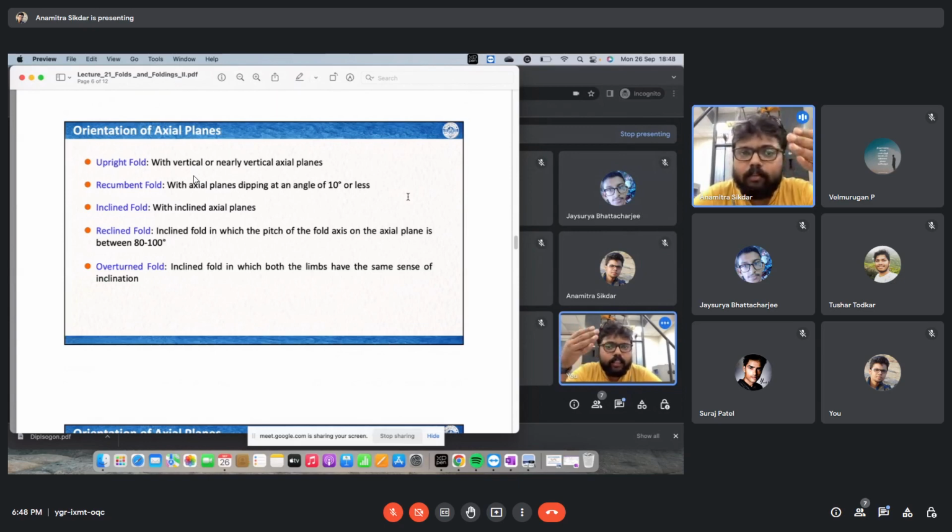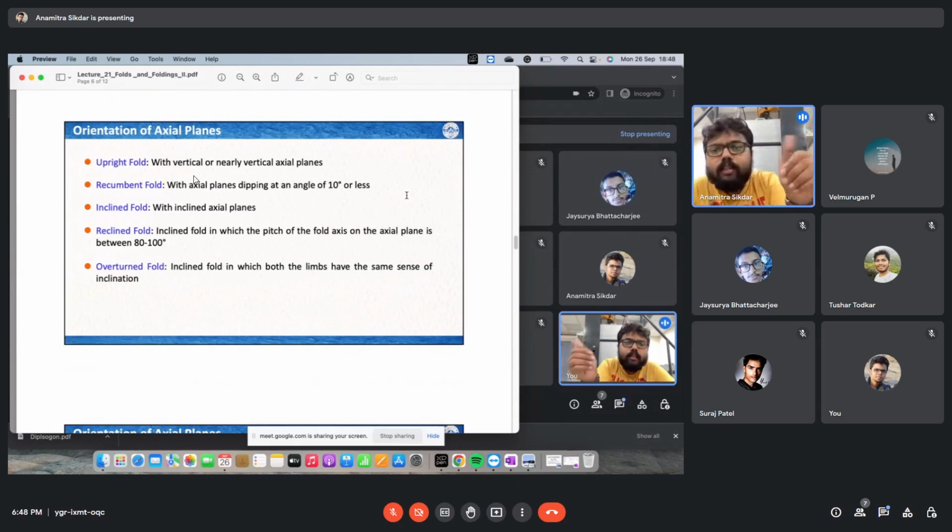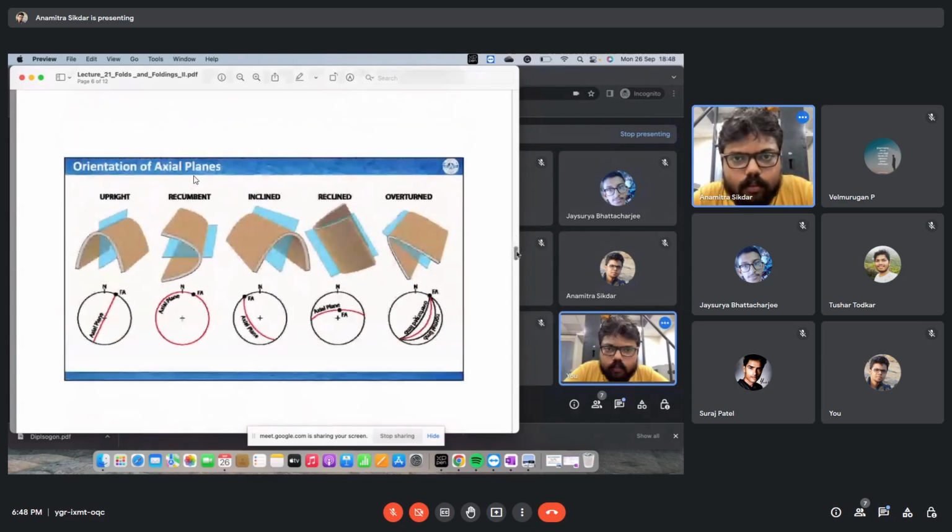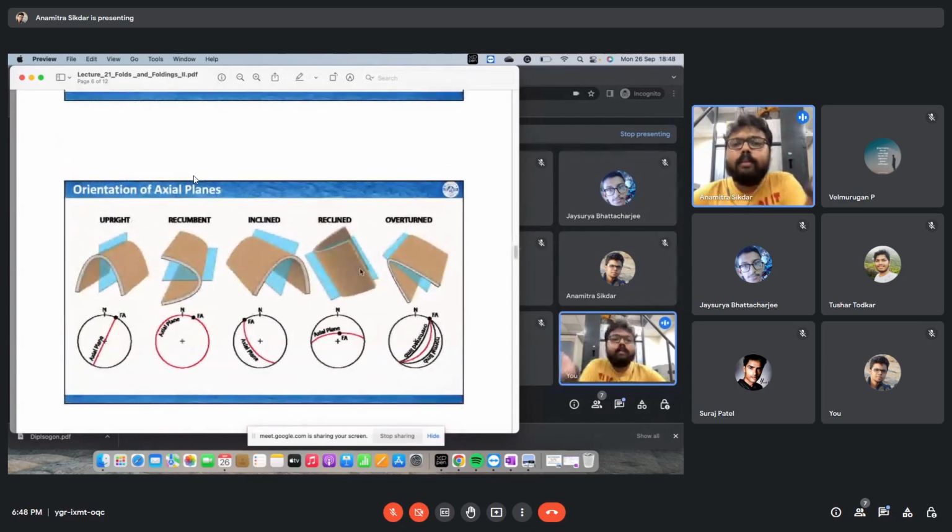And if an axial plane, this is a bit tricky, if a fold is like this or this, we call them reclined fold. So how is that possible? Suppose you have an inclined fold which has the axial plane, and the pitch of the fold axis on that axial plane is between, for example, the fold axis is like that.